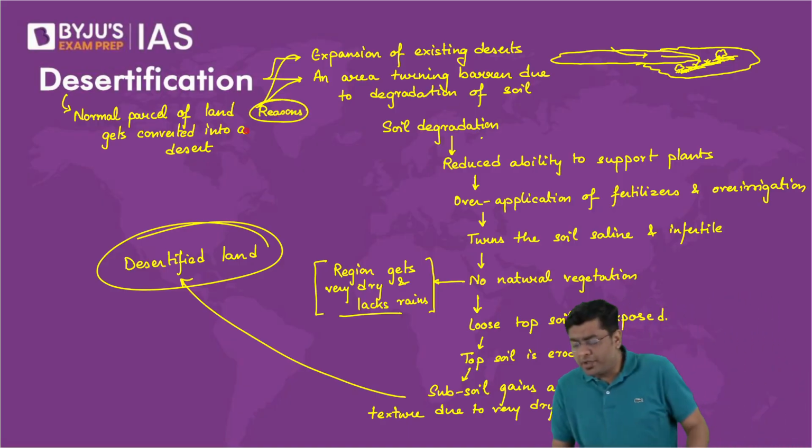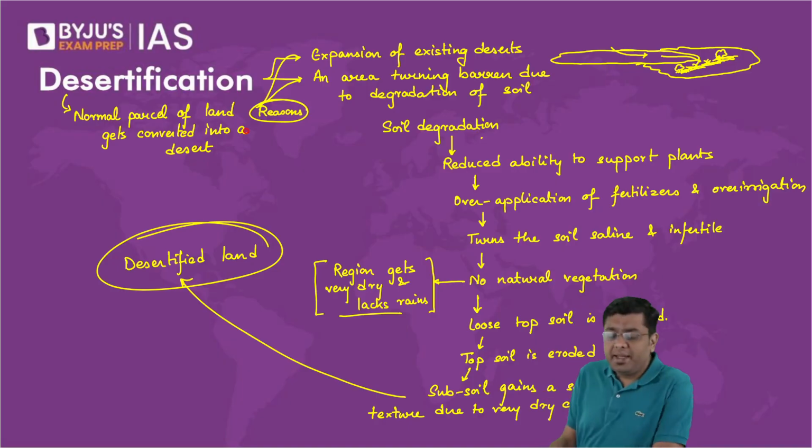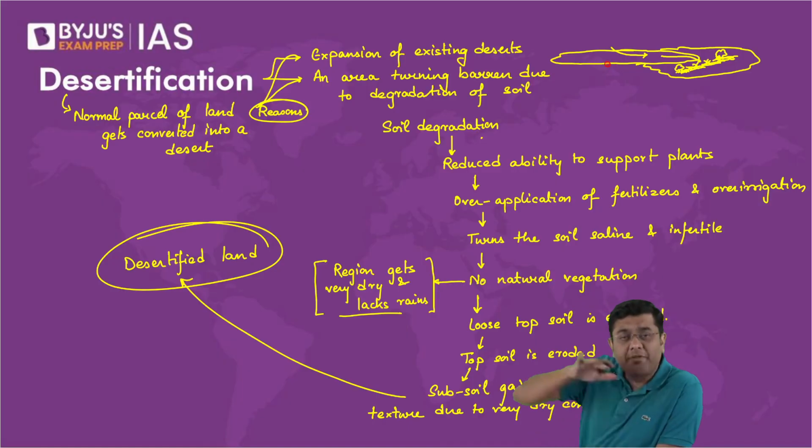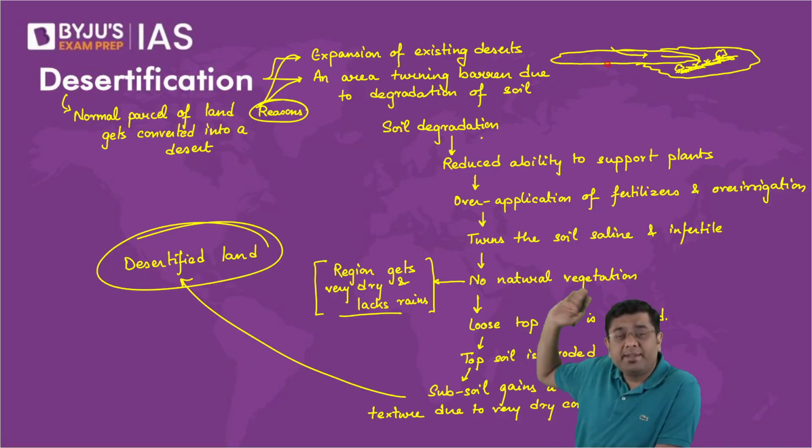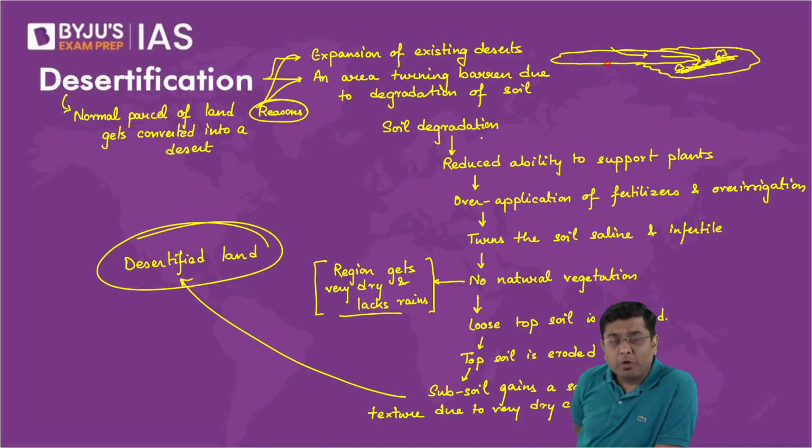Basu, how will wind erosion lead to it? Basically, suppose you have an existing desert area, it will have a lot of dry sand over it. Now that dry sand is blown away by the wind and is deposited in the periphery of that desert. When that dry sand is deposited over farmland or any area, will it allow the growth of trees or plants further? No, it won't.